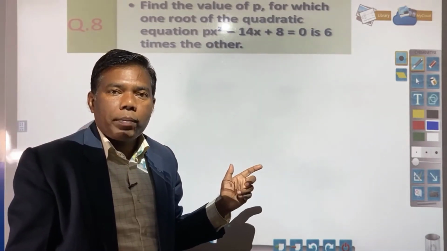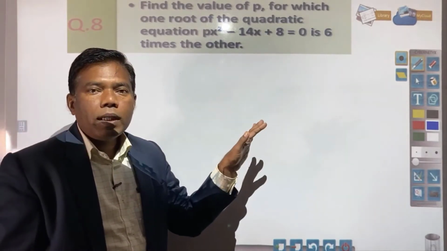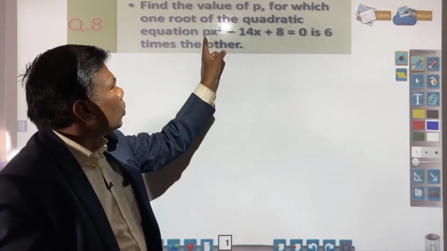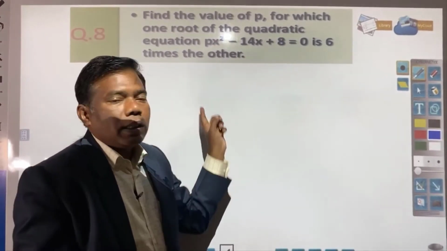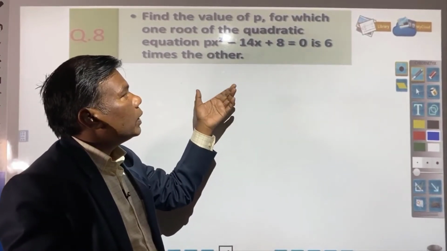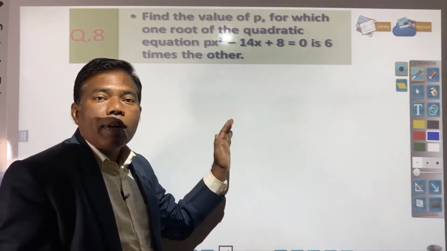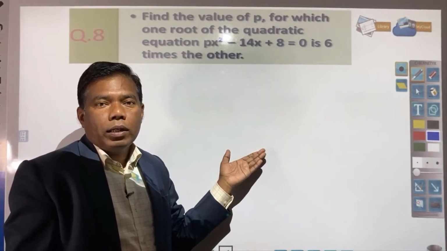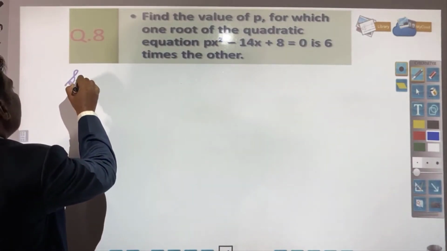Keep that in mind. Suppose alpha and beta are the two roots of this equation. One root is 6 times the other. It means beta is 6 alpha, or you can say alpha is 6 beta. You can assume either.